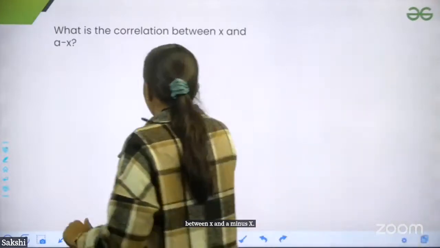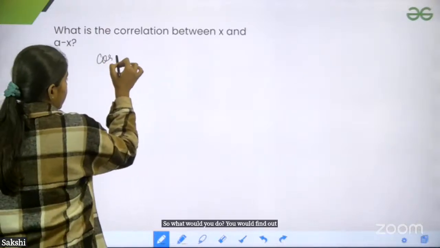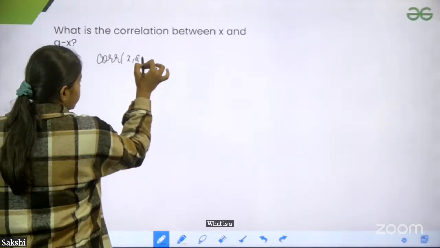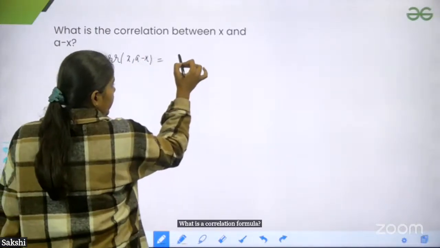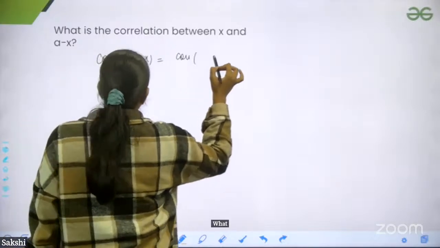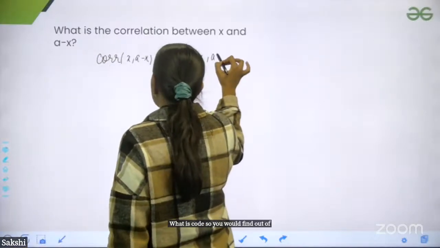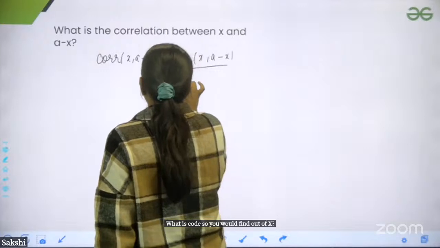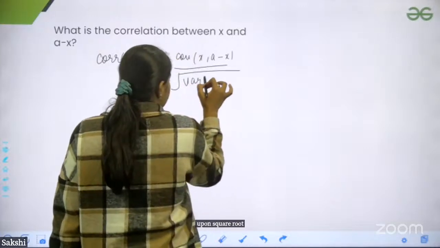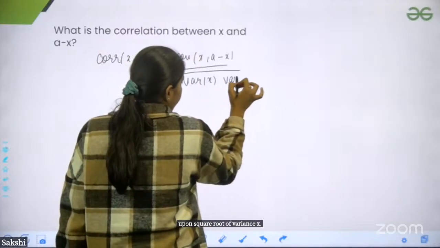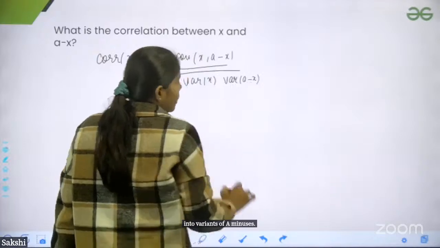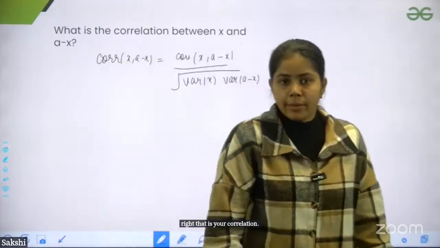So what would you do? You would find the correlation. What is the correlation formula? You would find the covariance of x comma a minus x upon the square root of variance of x into variance of a minus x, right? That is your correlation. Everybody knows that.